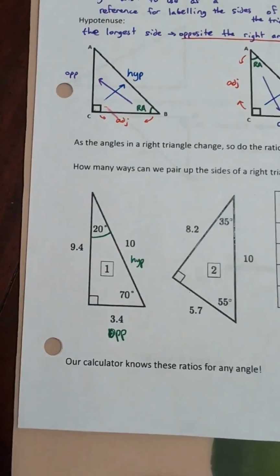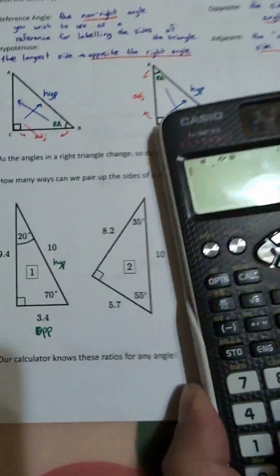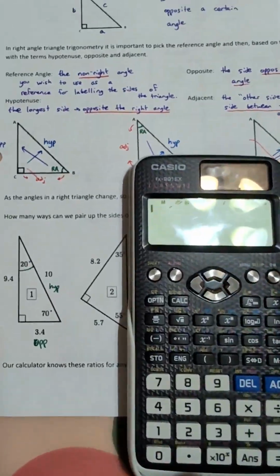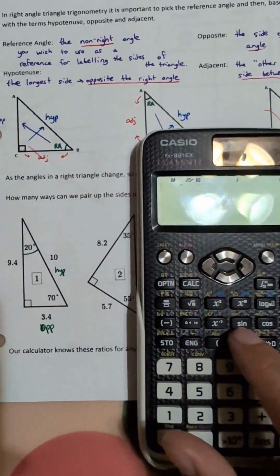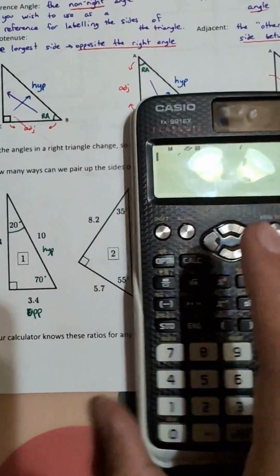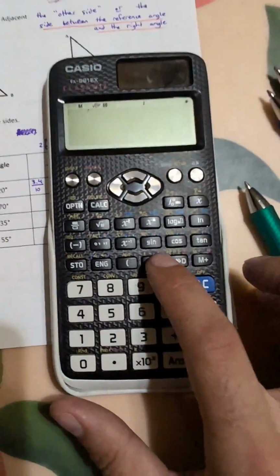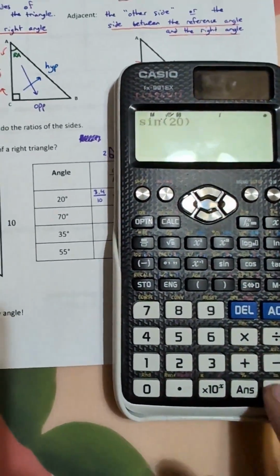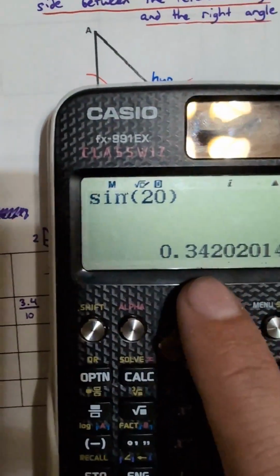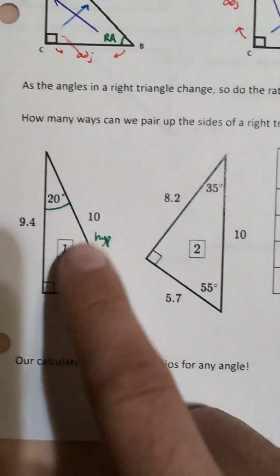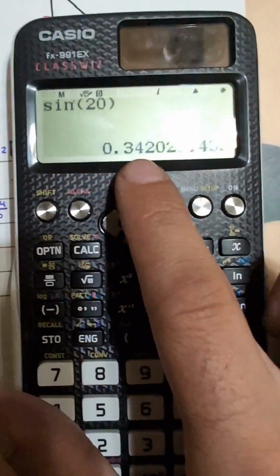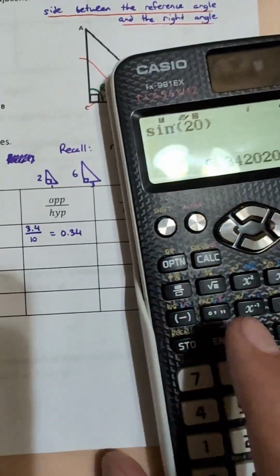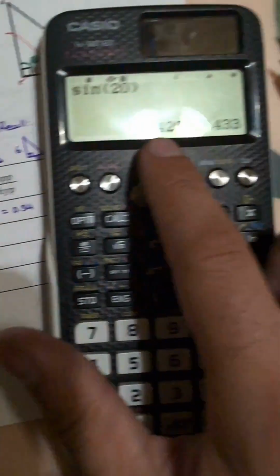And so on my calculator, there is this SIN button. And if I ask it sine 20, it's not quite exactly what we got because these were maybe approximate numbers, but it gives me about that 0.34, and it actually gives me a little bit more exact number than we had here, but it knew that ratio should be about 0.34.